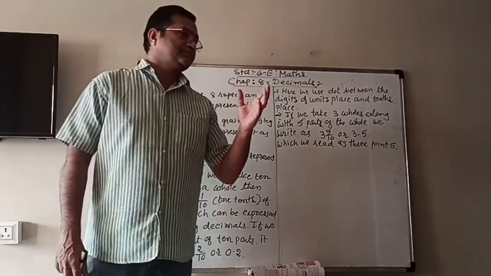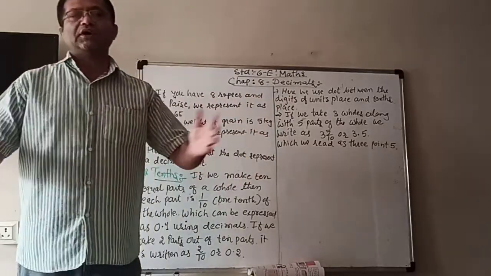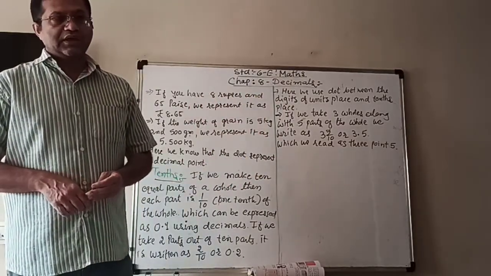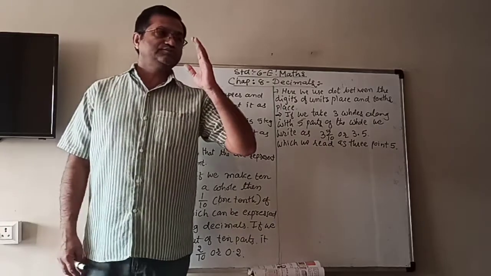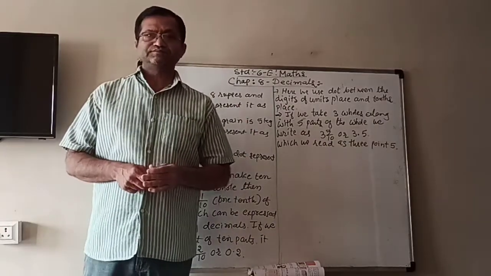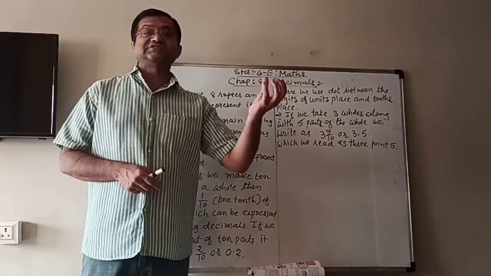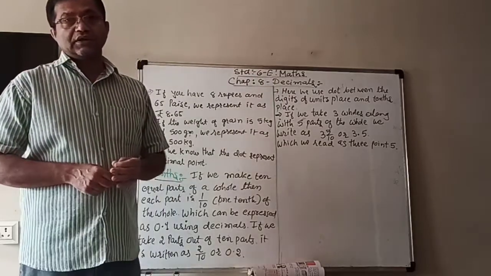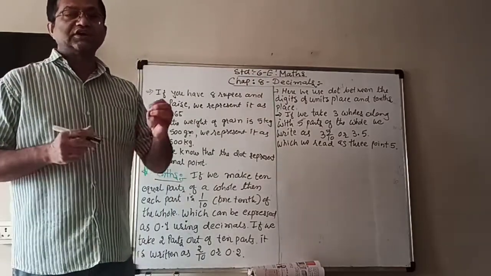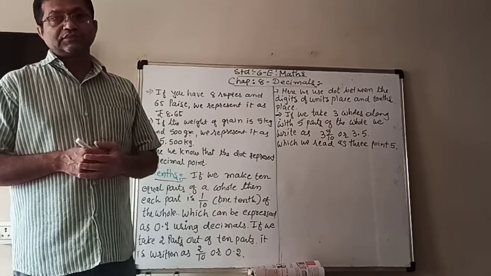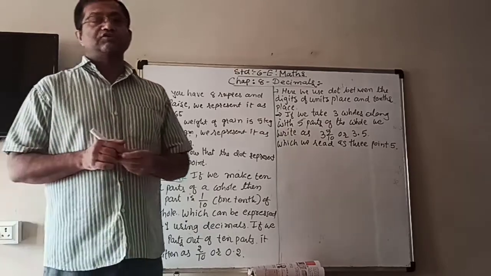When we take a few parts out of the total parts, we write the total parts in the denominator, and the parts that are considered, that number is written in the numerator, and then we write down the fractions.